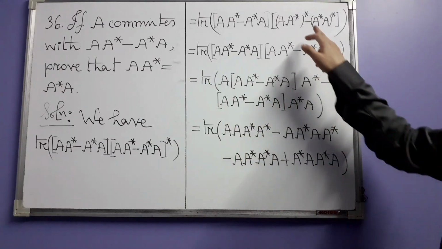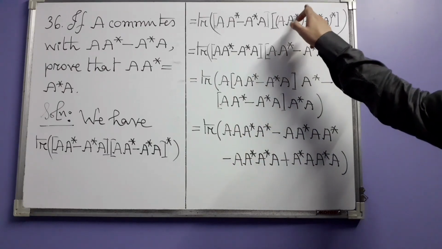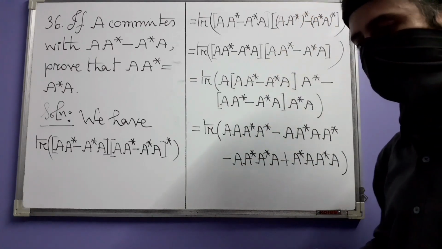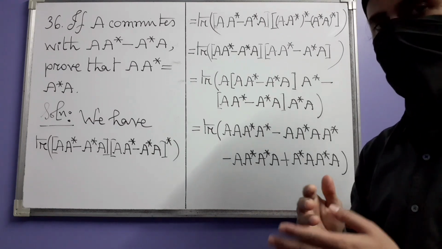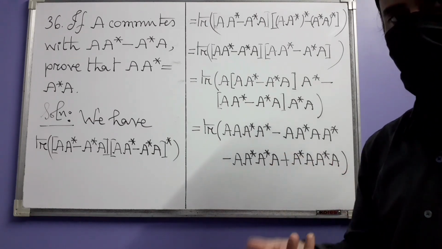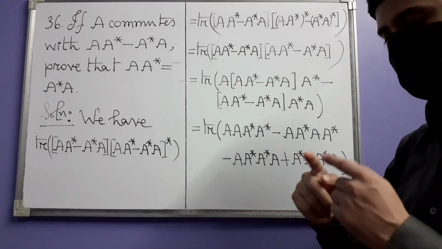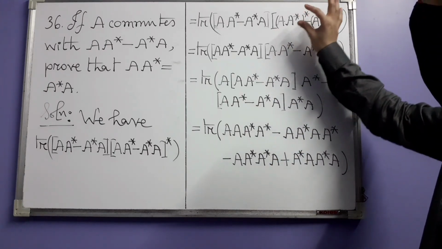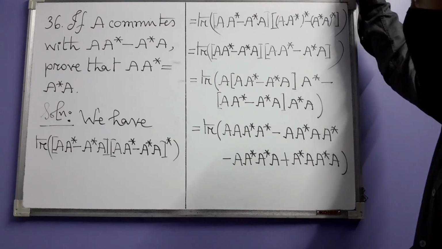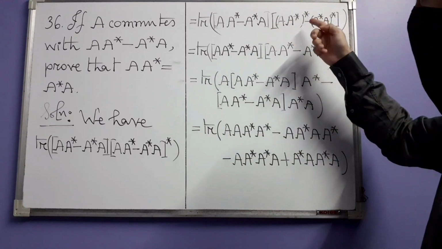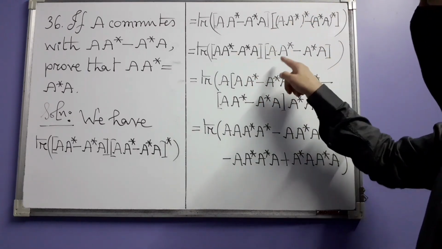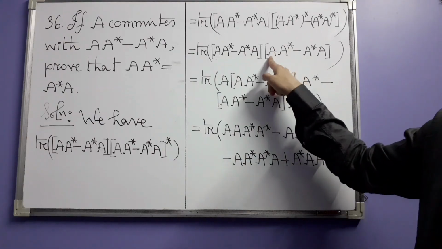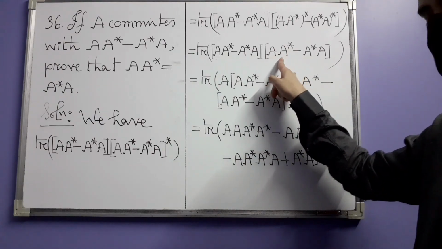And what happens here, you know that when you take the adjoint of a product, that is equal to the product of the individual adjoints of the individual matrices, but in the other order. That means this is equal to A star star times A star, but A star star is equal to A, so that's why you see A here, A times A star.